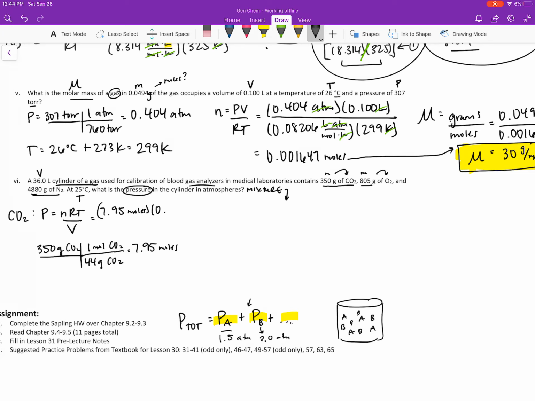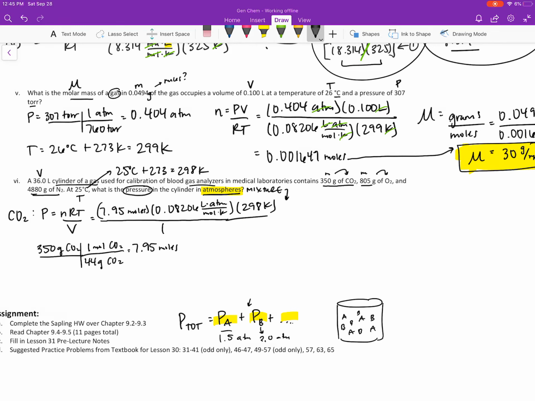I'm going to use, because it does say atmospheres, so let's make sure we get that correct, I'm going to go ahead and use my 0.08206. You're going to see that most of the time you're going to use this version of R. And then my temperature, which is 25 degrees Celsius plus 273, which is 298.